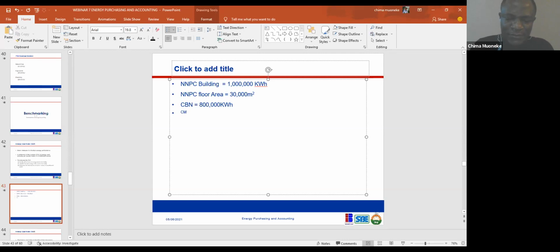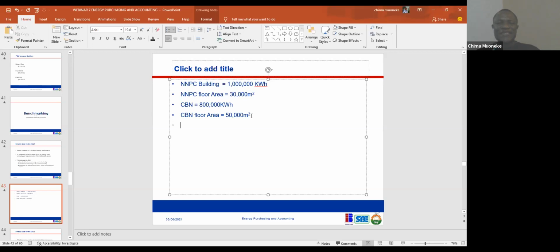And let us say that CBN has a floor area equal to 50,000. Let's say it has 50,000 square meters.